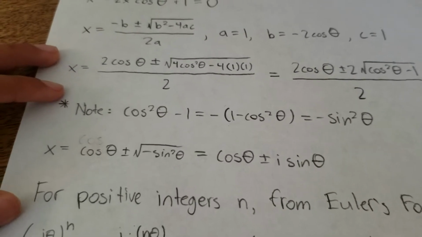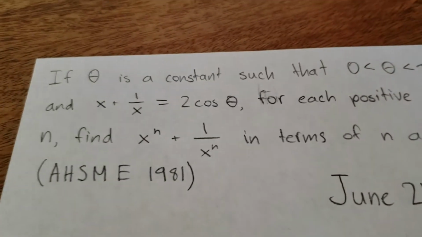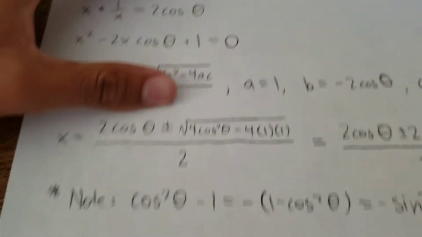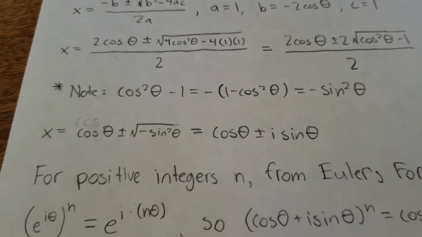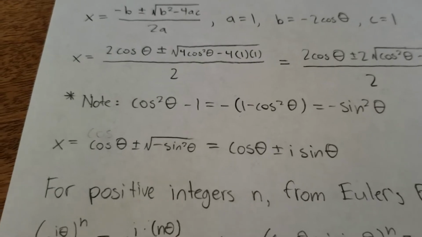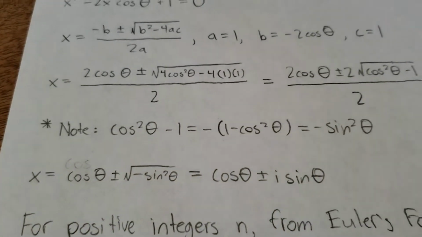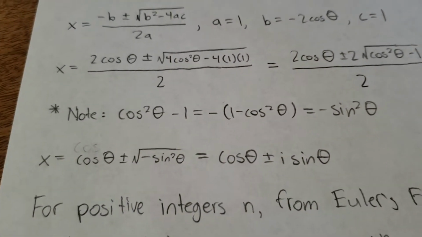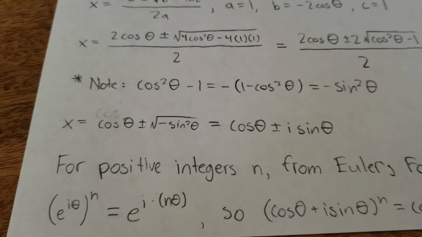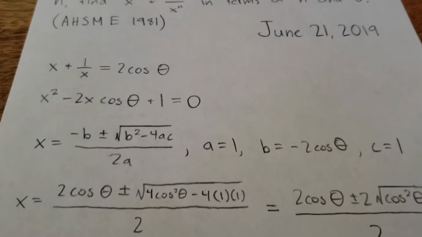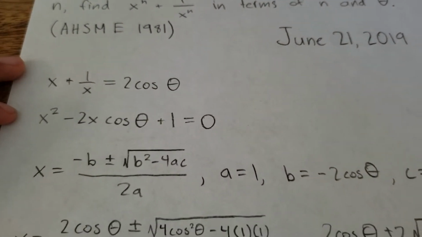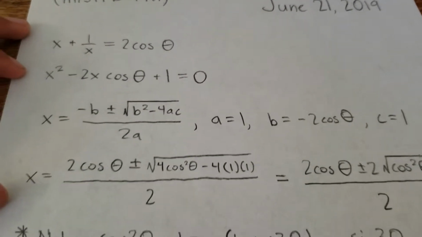All right, so remember, it's asking us for positive integers n. That means we can apply Euler's formula. In case you aren't familiar with this, there's tons of material online which will give you a lot of information, but Euler's formula relates the exponential function and trigonometric functions.